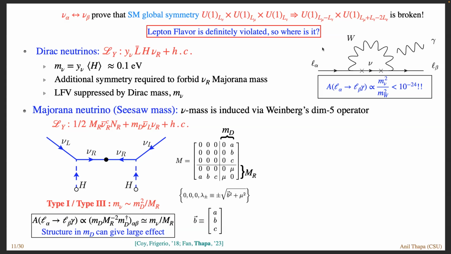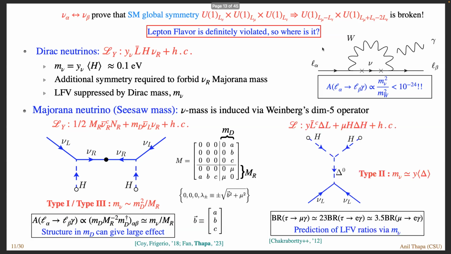You can arbitrarily choose a, b, c, and mu to be whatever you like, and you still get the correct neutrino mass, while getting a very large prediction for lepton flavor violation. There are many different structures like this where you deviate from the seesaw framework.